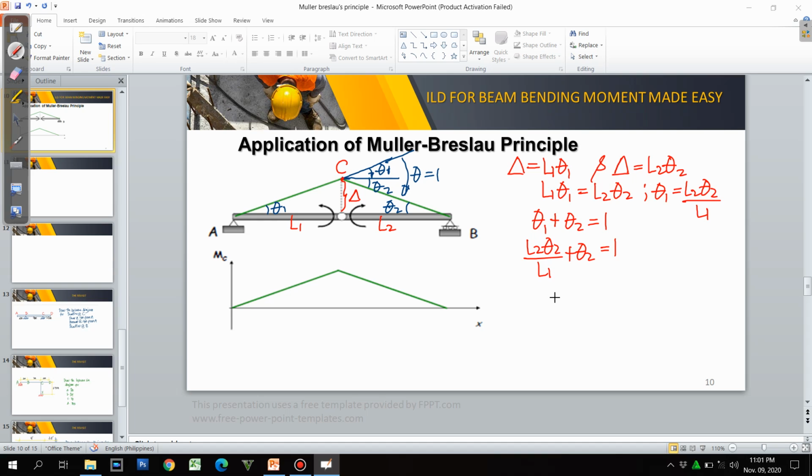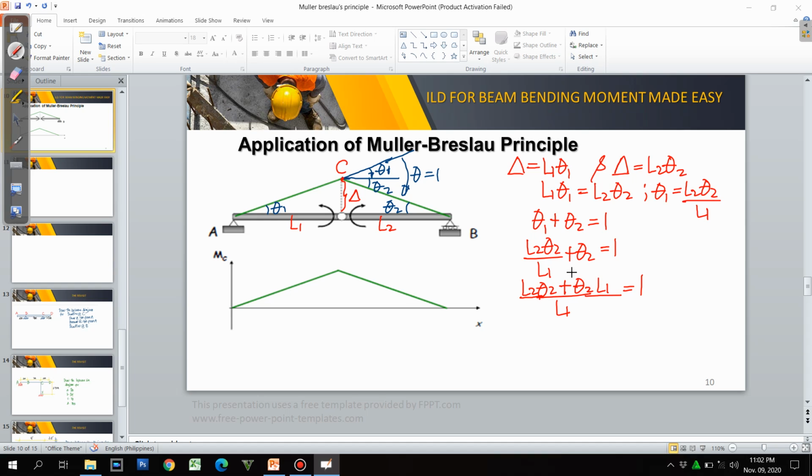We can have the LCD, say L1. Just copy that one. So this is theta 2 L1 is equal to 1.